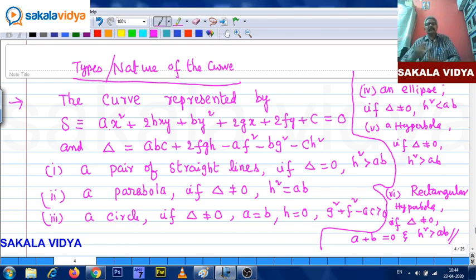Okay. See, this is very, very important. It will be useful for circles, parabola, hyperbola and ellipse. For all chapters it will be useful. So, one thing you remember.